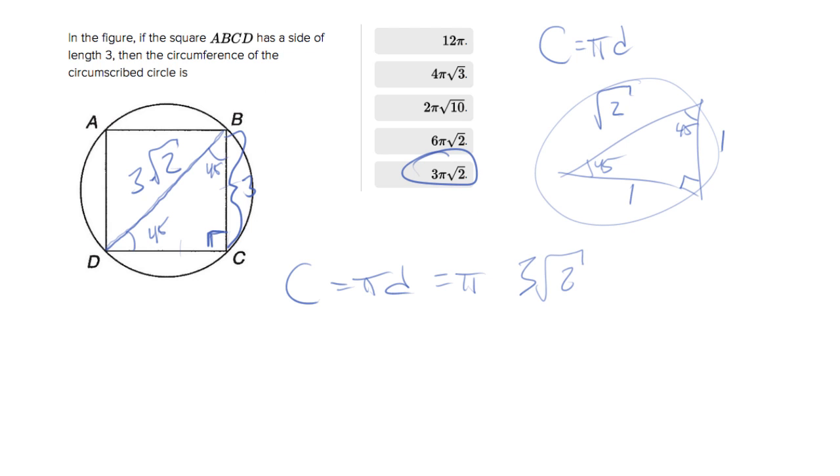Now, an alternate way you could solve this is you could have said, let's take this square and put an x in here. And you could have said, well, here's another triangle right here, which is also 45, 45, 90, which has a known length of 3. Then the side would have been 3 over root 2, but you would have multiplied it by 2.